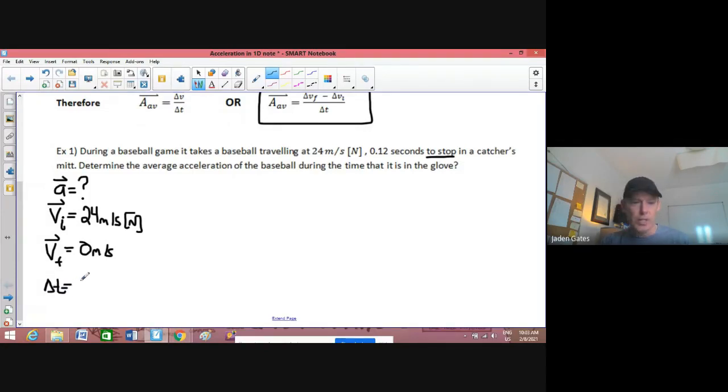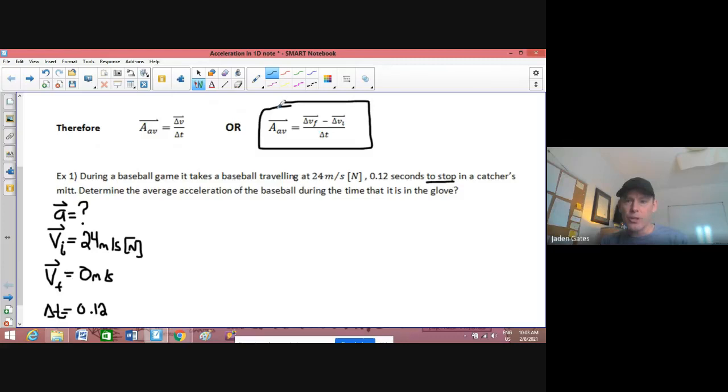My delta T is 0.12 seconds. So here's the formula I'm going to use, where I have my VF minus my VI divided by delta T. Now, again, the key here is with directions when you're dealing with vectors. I always put north as positive, the opposite, south, being negative.